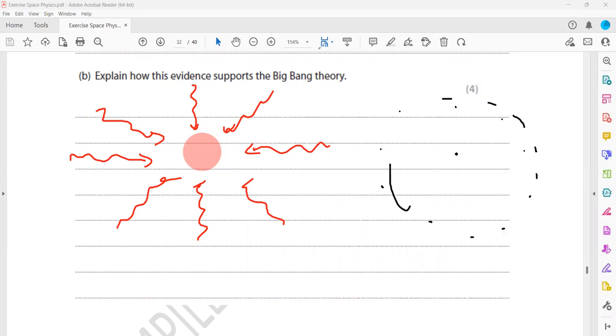That's why we receive the same amount of radiation. And the second piece of evidence is that the wavelength is increasing, a Doppler shift, a redshift, which shows that all these particles are moving away from us. This also supports the Big Bang theory, that it started with an explosion and the things just scattered or moved away from each other.